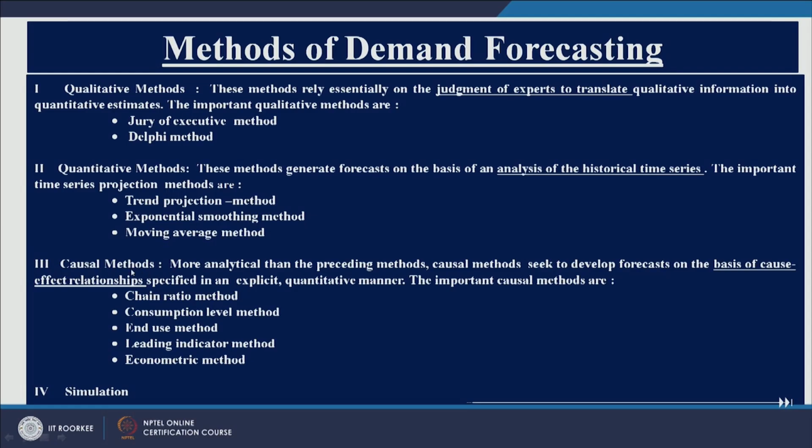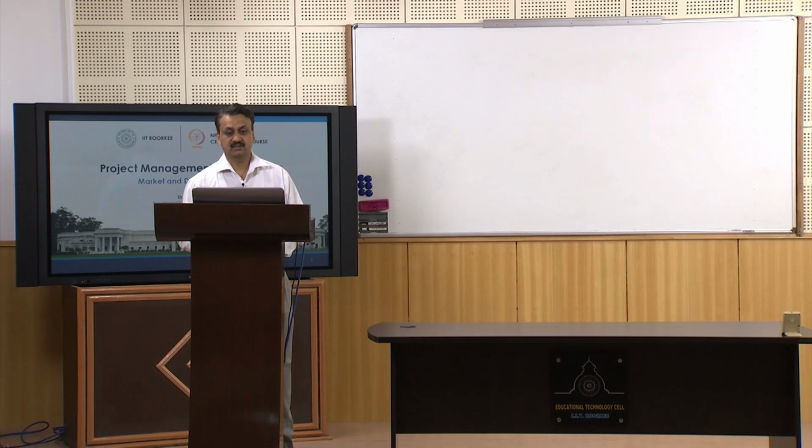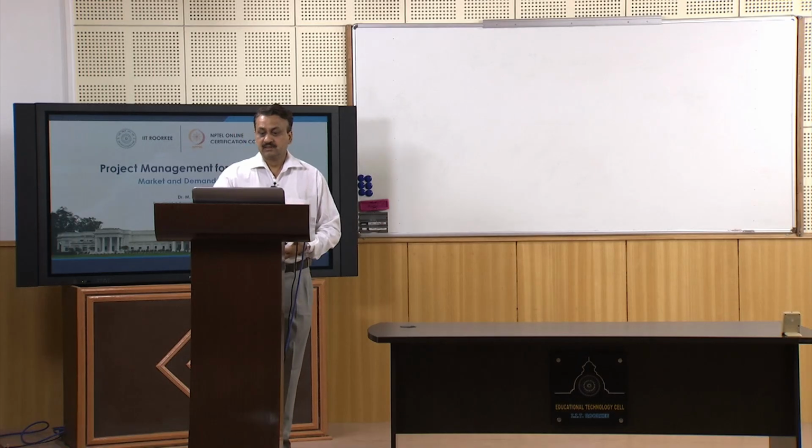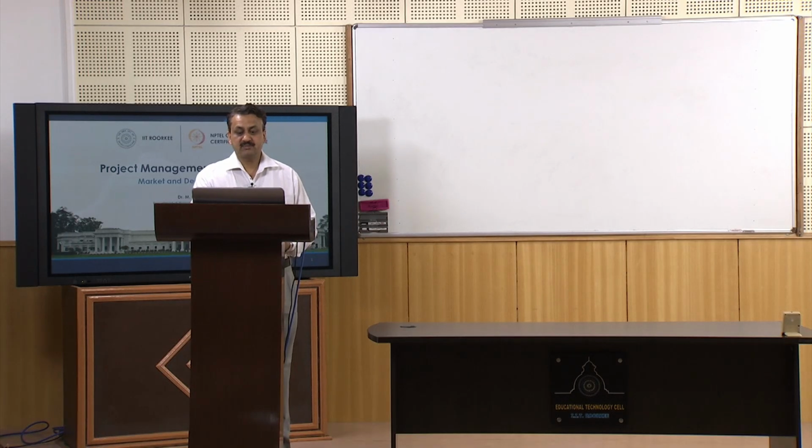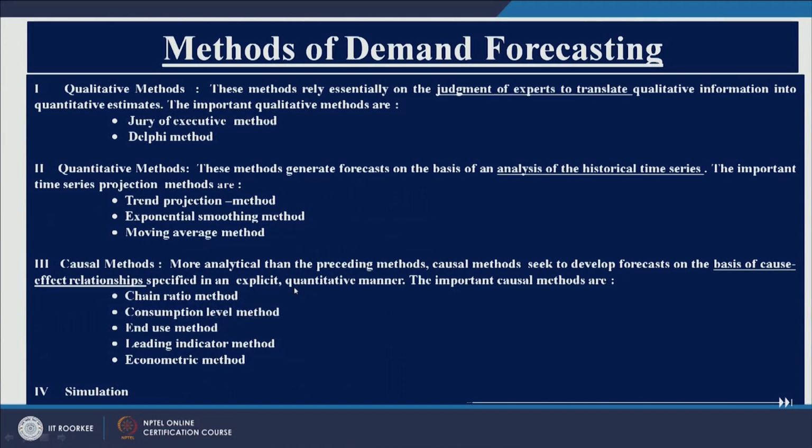The third one is causal methods. Causal methods deal with cause and effect relationships. There would be a cause and it would have some effect on something. There are a couple of causal methods.